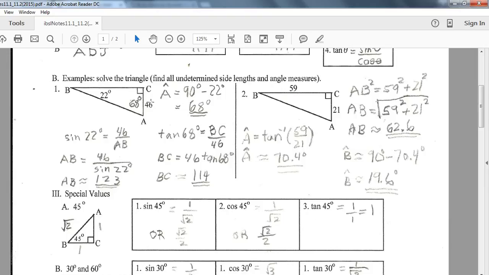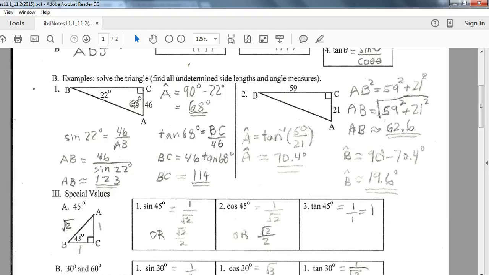The easiest way to come up with our missing angle is to know that the three angles of a triangle have to add to 180, so that this is 68. The shortest way is to recognize that if this angle is 90, then the other two acute angles must also add to the other 90 degrees. So if I just did 90 minus 22, I get my third angle, and then now I can use SOHCAHTOA to get my two missing side lengths.